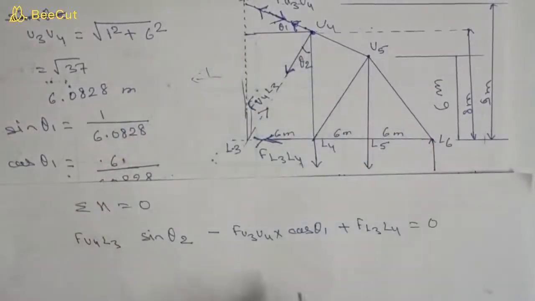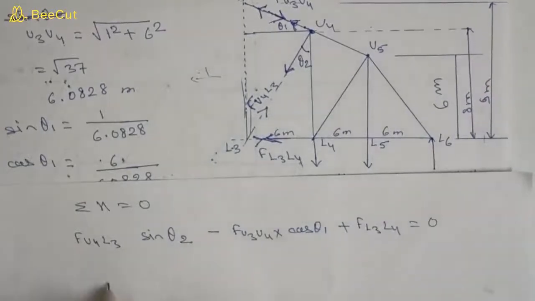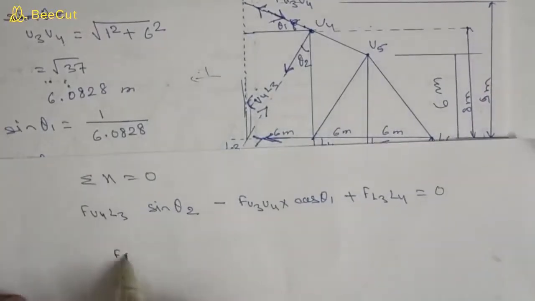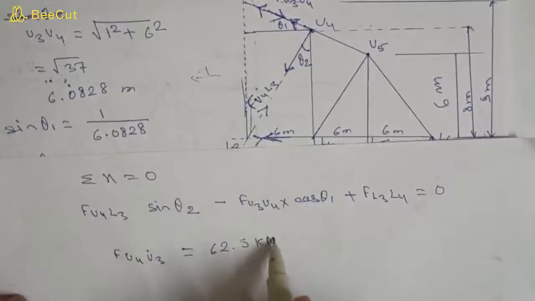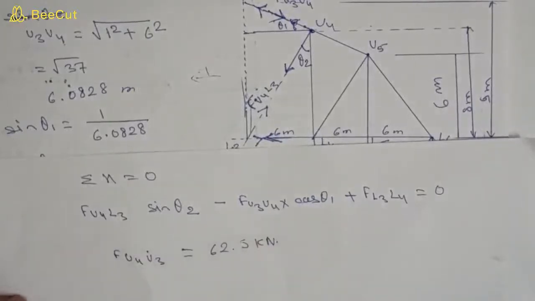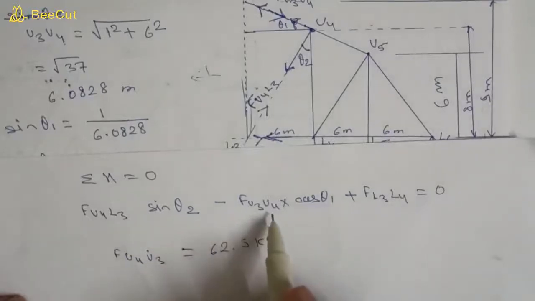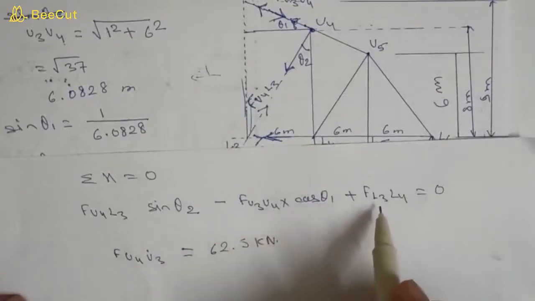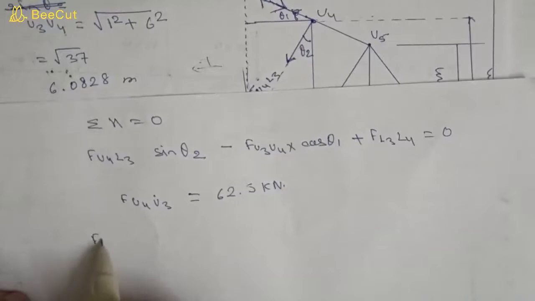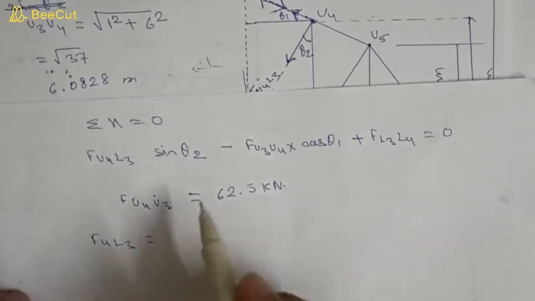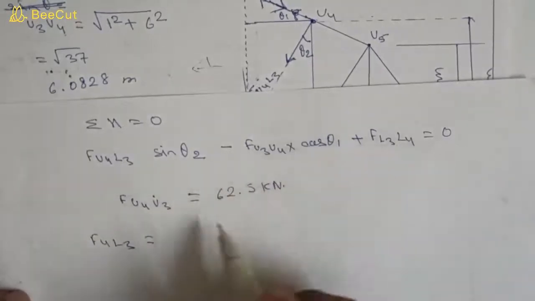If we put the value of all the forces, then we will get F U4 L3 is equal to 62.5 kilonewton, because we have already found F U3 U4 and F L4 L3. If you want to calculate, F U4 L3 will go this side, so it will become positive.